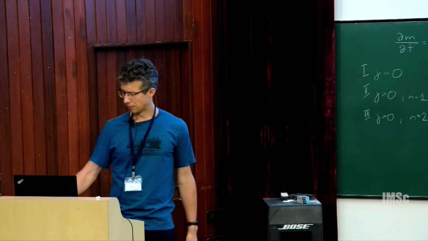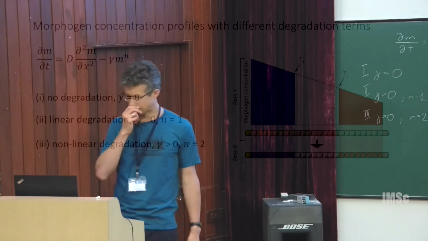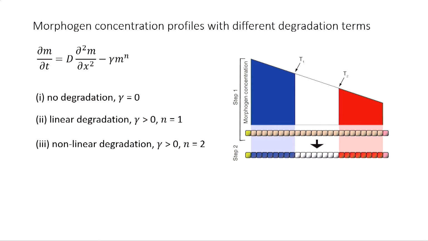Okay, so the problem I have chosen for today is, we have already seen morphogen gradients. The morphogens are produced at specific source regions, and then they are degraded and spread across the tissue through diffusion.